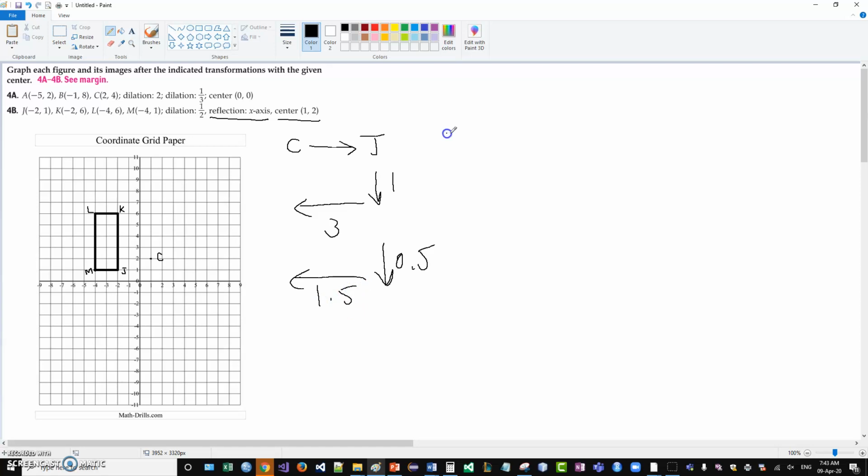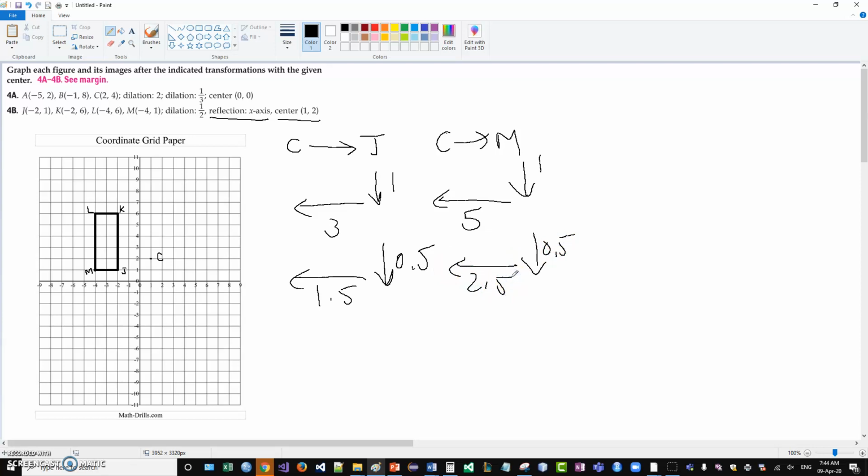Now when you multiply by a half, we're going to go down 0.5 and then left 1.5. Now from C to M, we're going down 1 and then left 5. So multiply everything by a half: down 0.5, left 2.5.